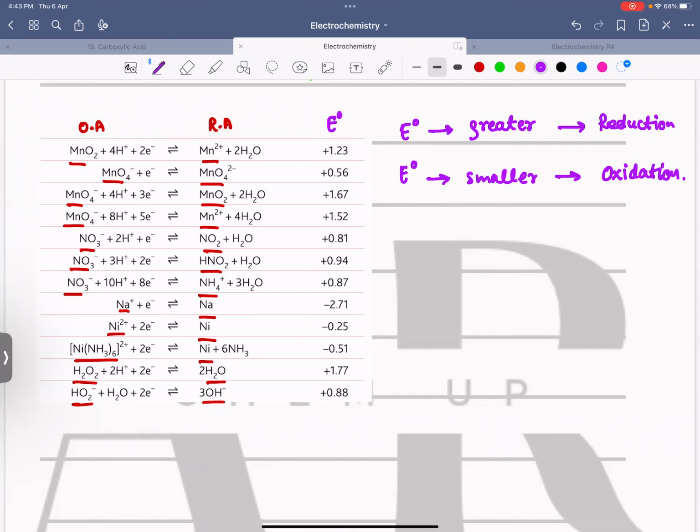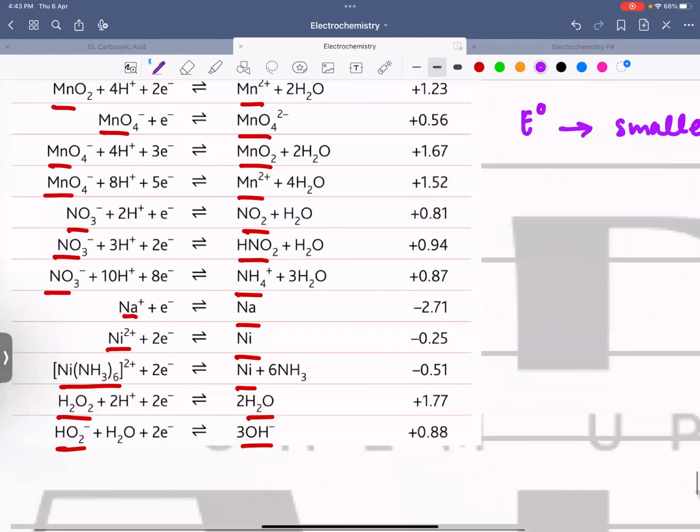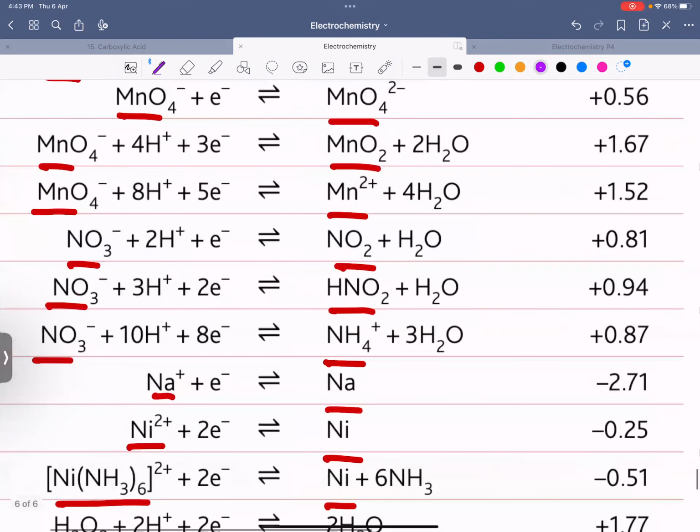Is this point clear to everyone? If anybody has any doubt, kindly ask. Is this clear? Okay. Now I am going to give you two conditions, think very carefully and then answer me.